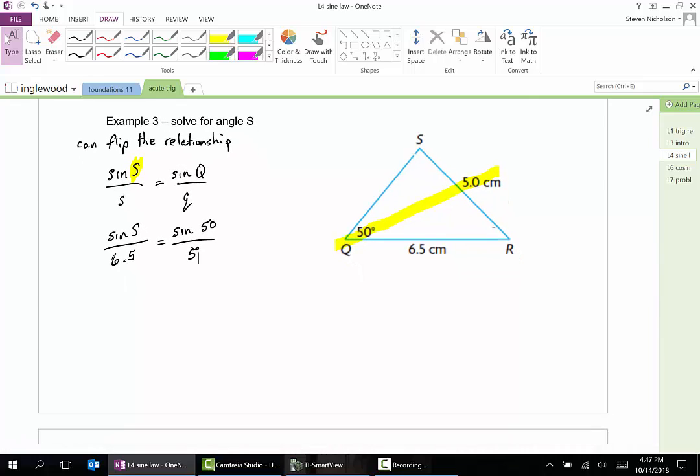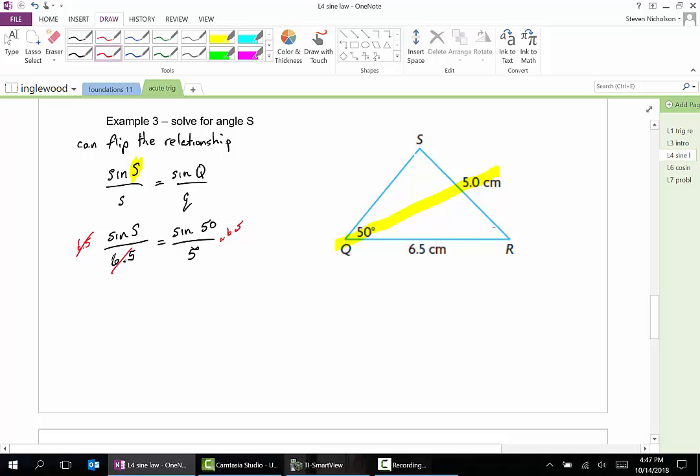You should have an idea about angle S. It has to be greater than 50 degrees because 6.5 is bigger than 5. Therefore, the angle opposite 6.5 has to be bigger than the angle opposite 5, which is 50 degrees. So we're going to isolate S, but before we can do that, we have to get rid of the 6.5.